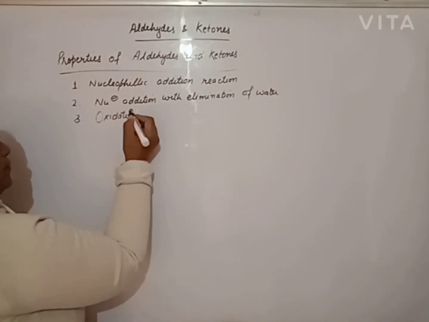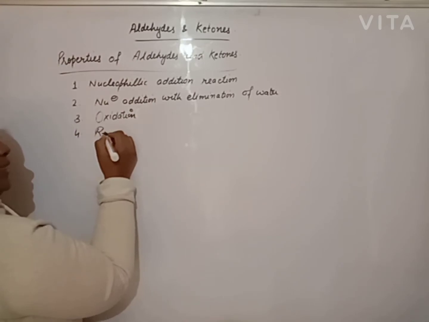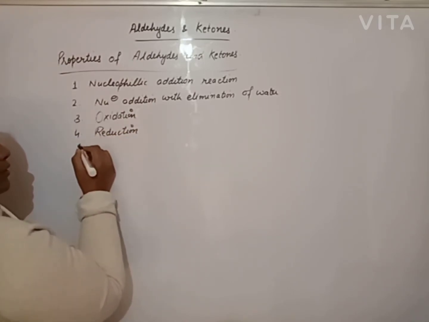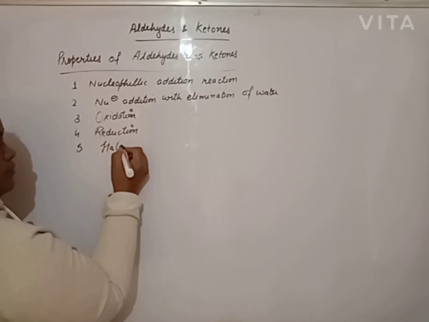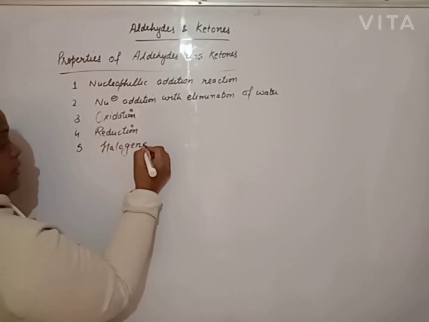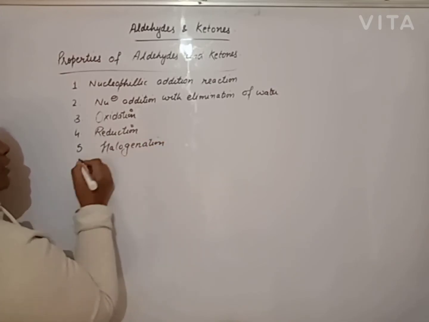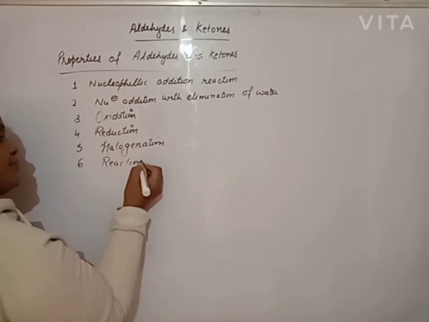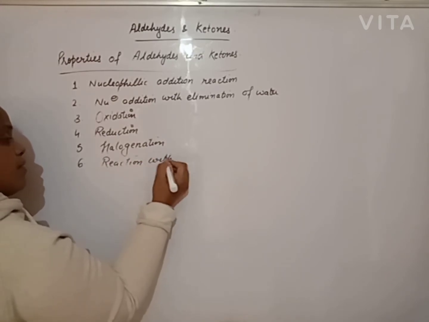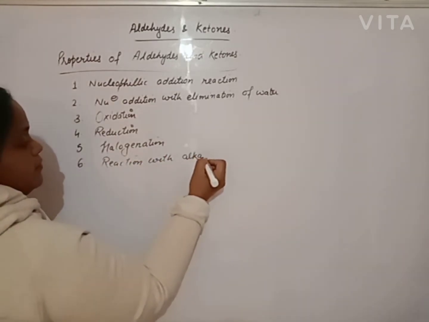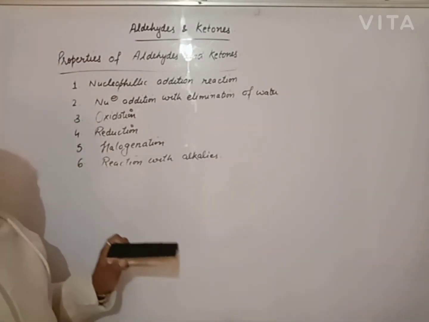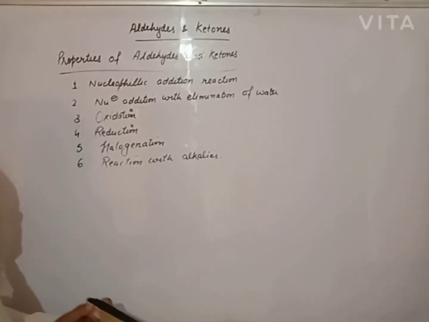Then reduction reaction, halogenation. And an important property, that is reaction with alkalis. And some reactions are not categorized in any category. These are known as miscellaneous reactions.